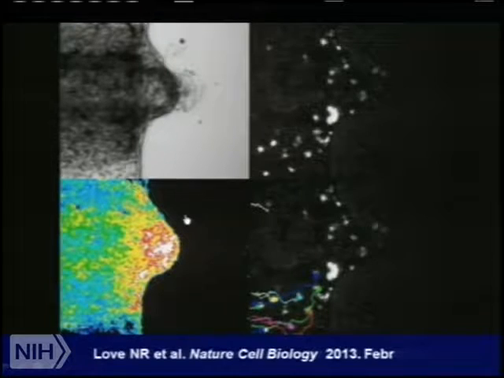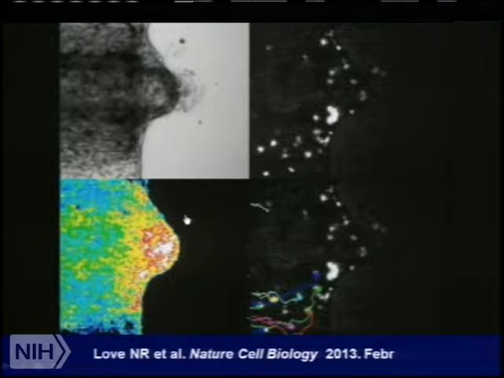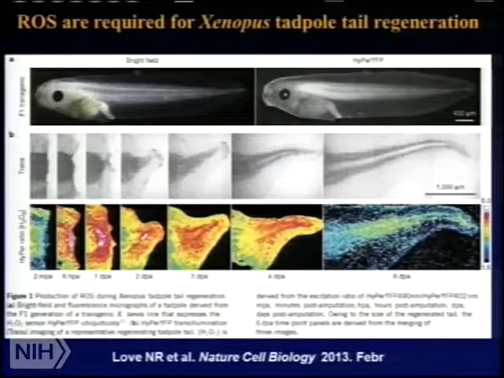Importantly, the ROS signal comes first, before these inflammatory cells start to go and facilitate the growth of the tail, which means it is occurring not in inflammatory cells, and the inflammatory cells in this case are not the predominant sources of ROS.